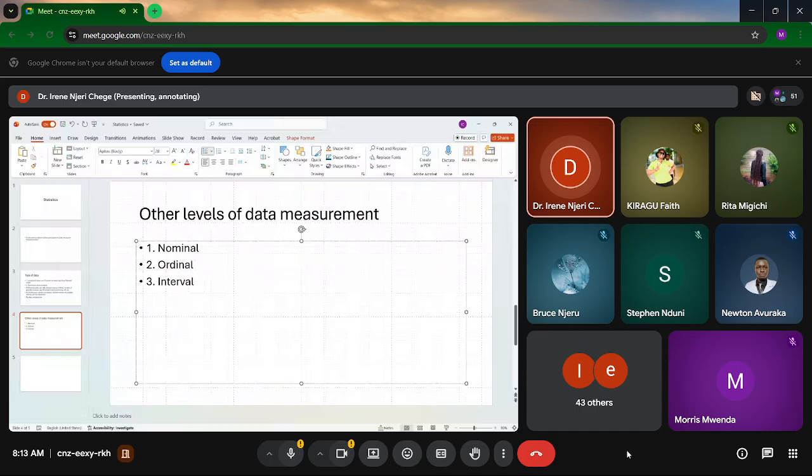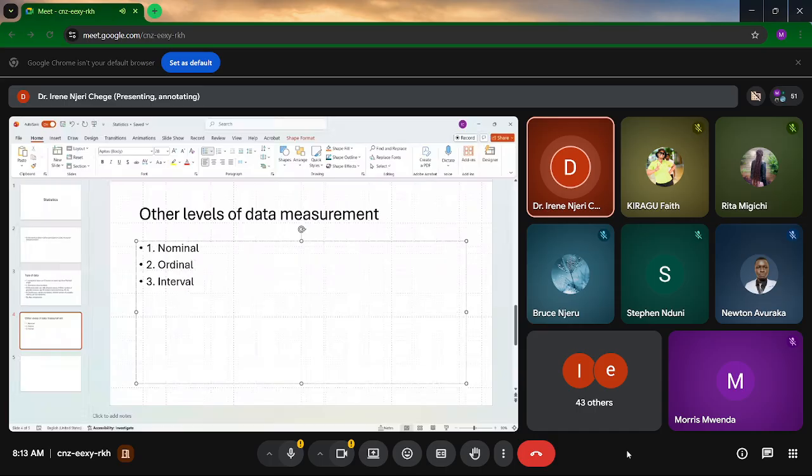So in short, we're just saying that actually statistics is a branch of maths. It is a branch of numbers. It is a branch of maths that deals with how you will collect your data.